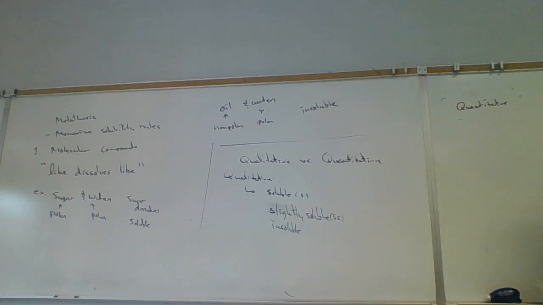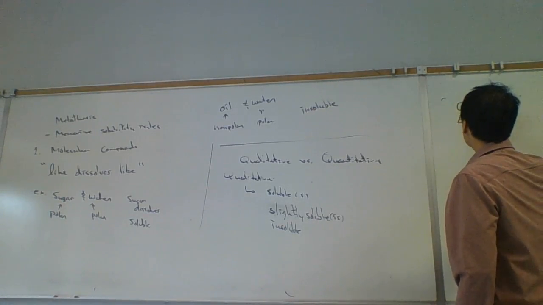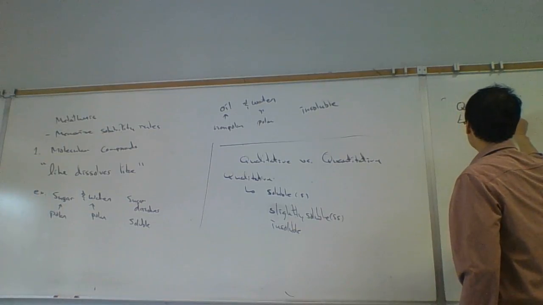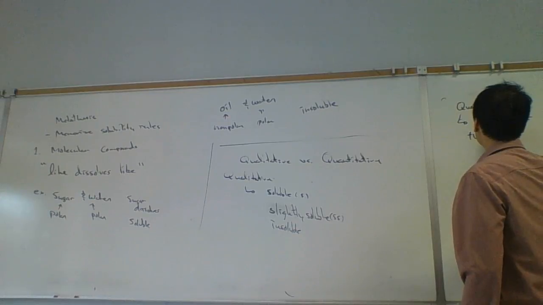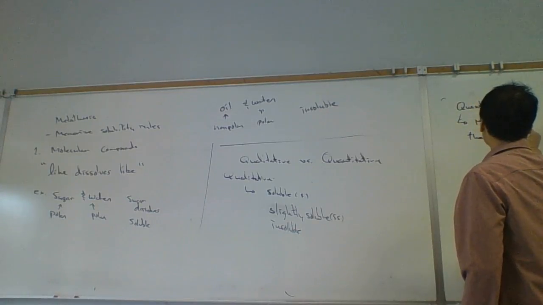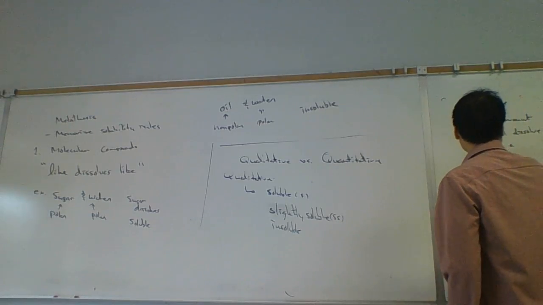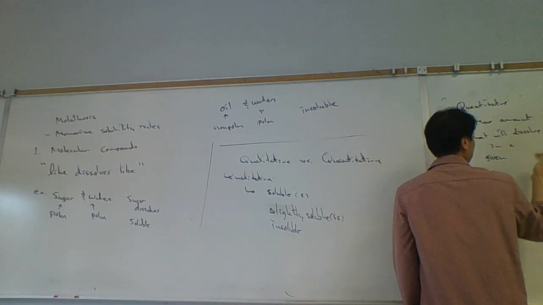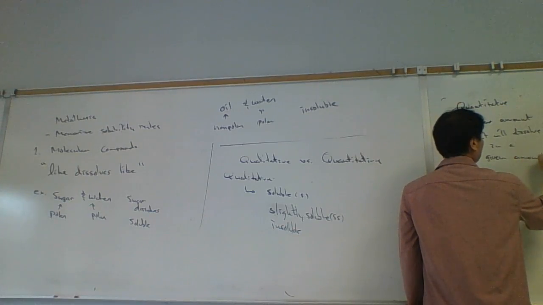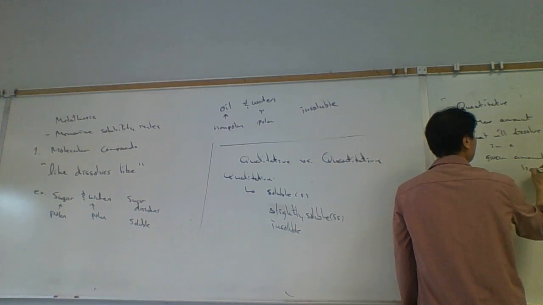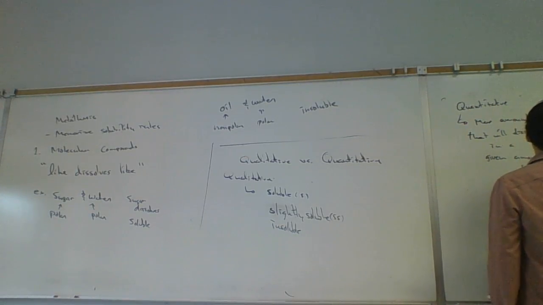That maximum, the process of measuring, is what we call the solubility. So the max amount that will dissolve in a given amount of what we call solvent or liquid, or water, is defined as the solubility.